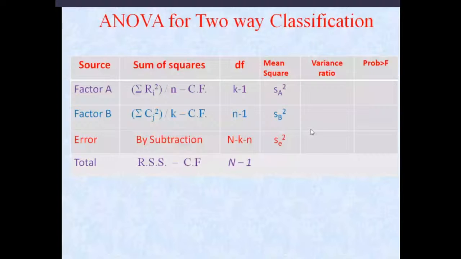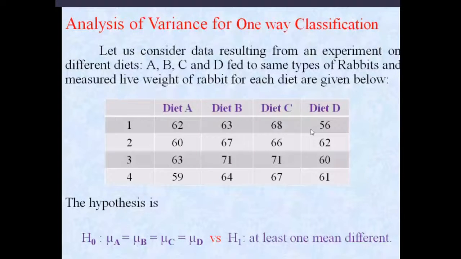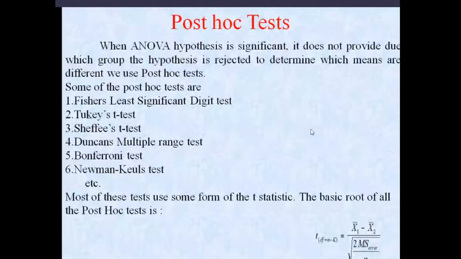Okay. So now, once the analysis of variance is completed, you also go for some post hoc tests. This is also part of the analysis of variance. Now generally, suppose for the data that I evaluated by analysis of variance, one-way or two-way classification, the hypothesis is rejected.